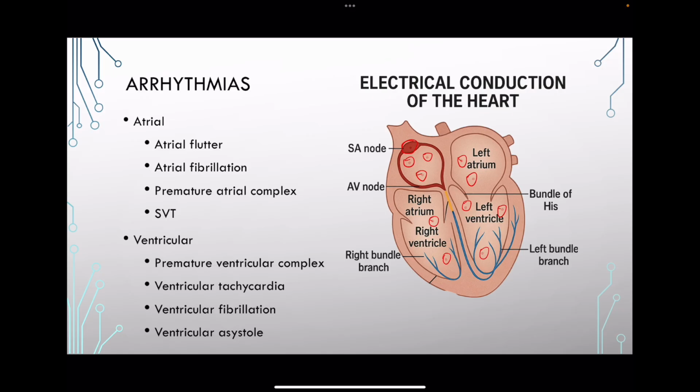These electrical points are where some impulses come out in order to send it to your SA node, or in your ventricles, it helps to contract your heart all at one time. And so it helps conduct it through those systems.